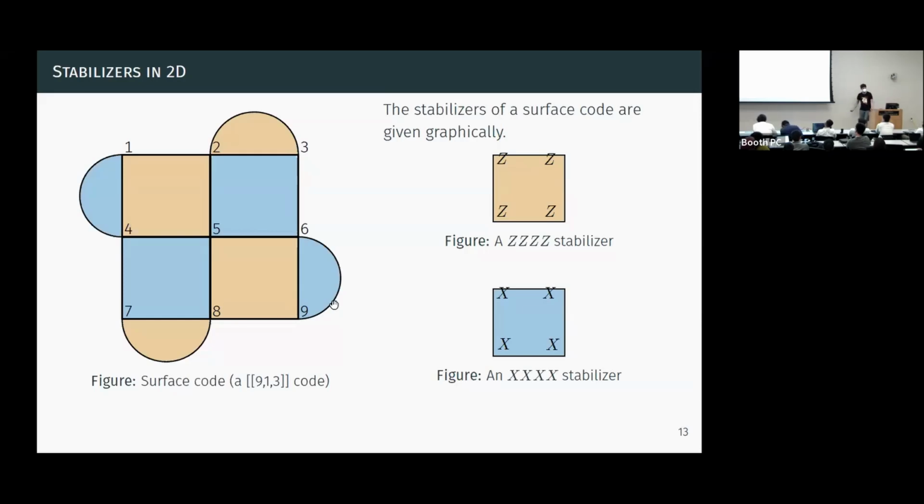If we write down the matrix, most rows will be weight 4 Pauli strings, except for a couple which are weight 2.